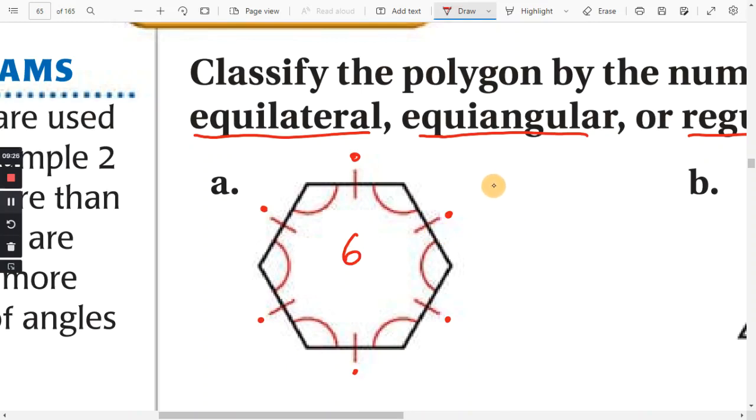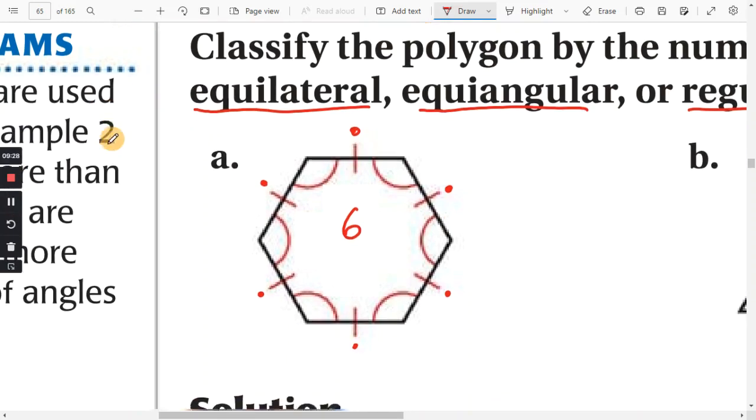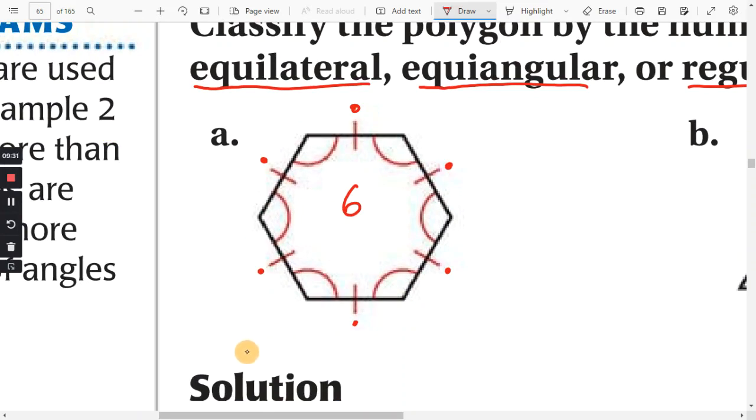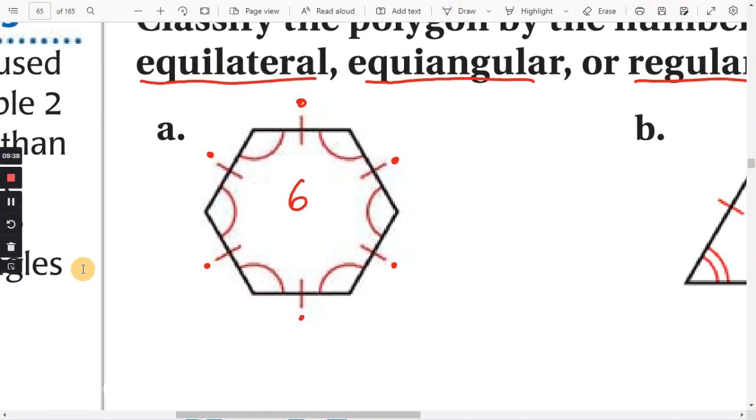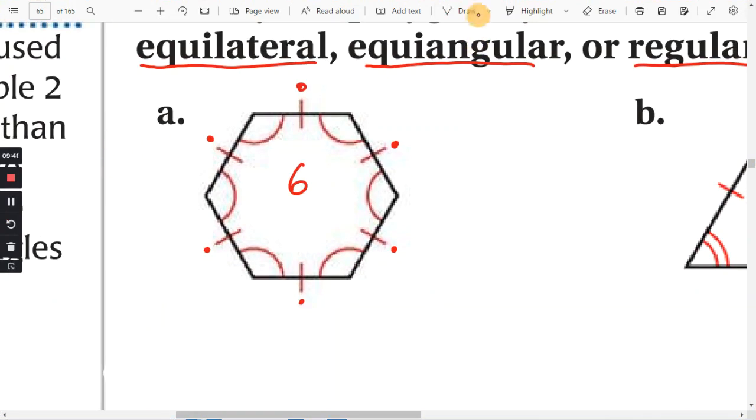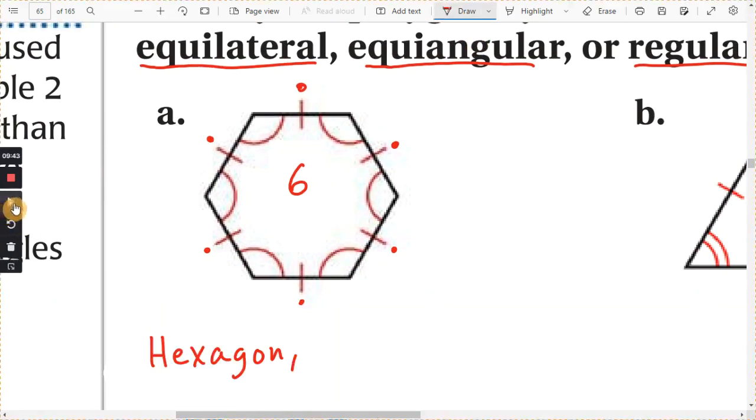So that is going to be a hexagon. If you look at all the sides, they are marked congruent, and all the interior angles are also marked congruent. So that makes it a regular polygon.